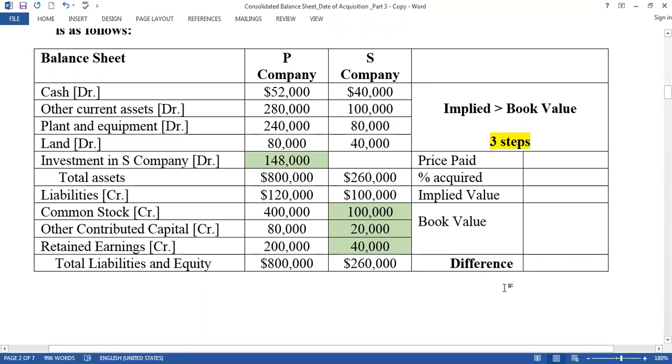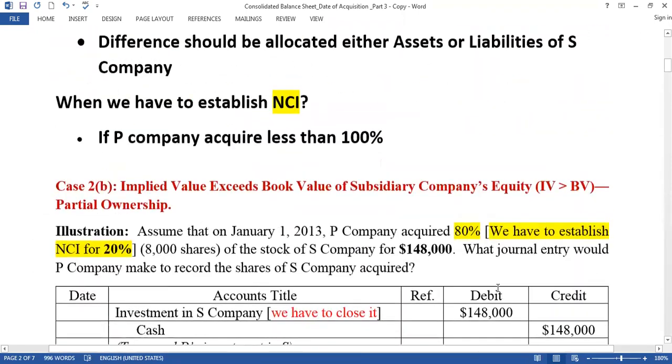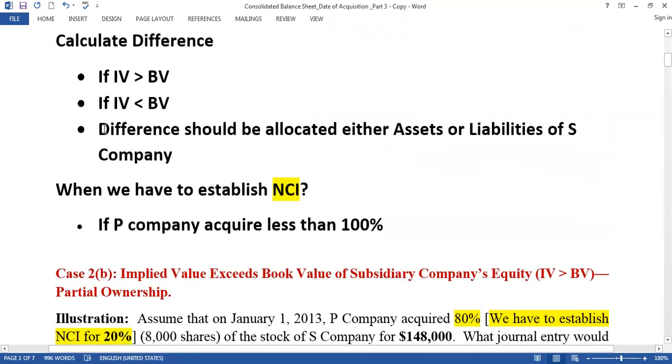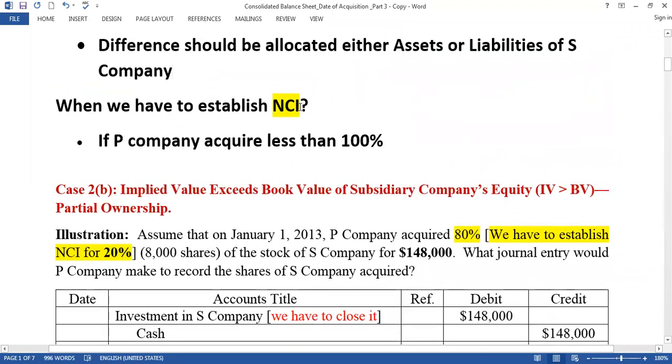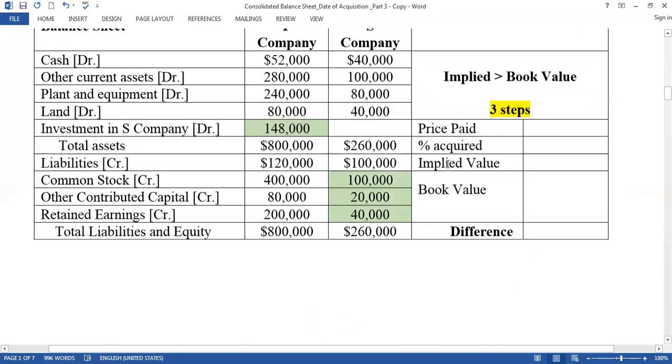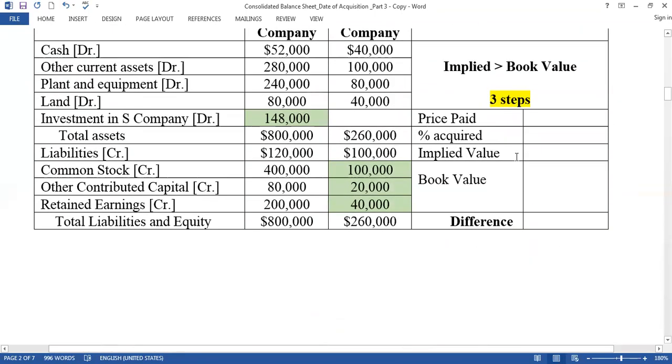And if we have any difference, I told you that this difference should be allocated to either the assets or liabilities of the subsidiary company. So we already know that we have NCI according to this question, but we don't know what the difference is and how to allocate it.